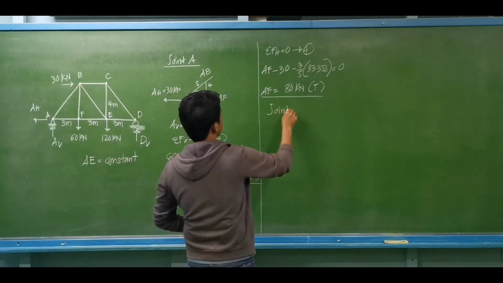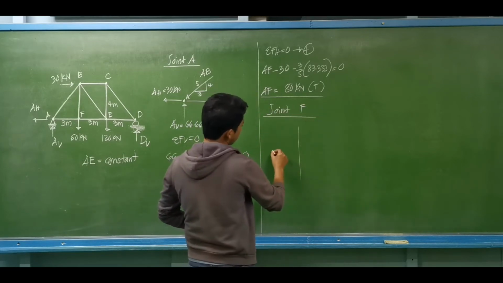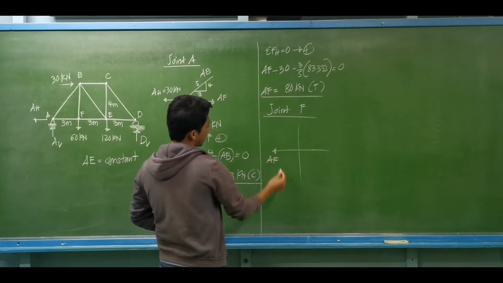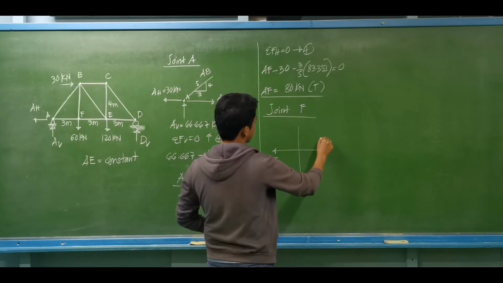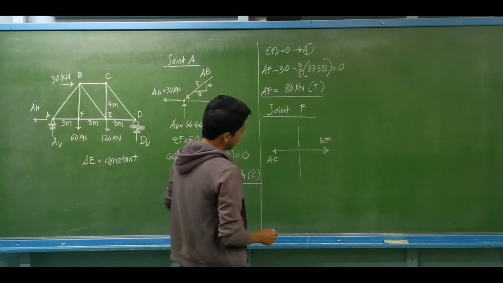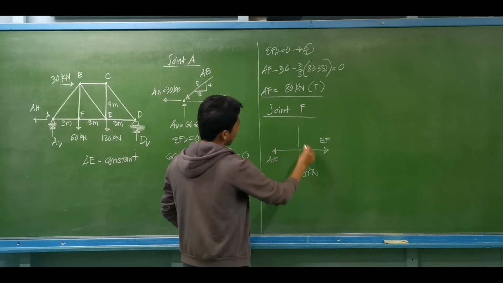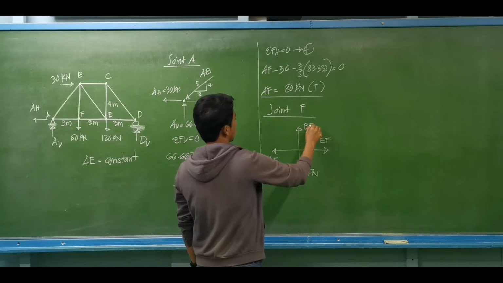For example, if we are to proceed at joint F, at joint F, forces are collinear. So let's say this is for member AF, and we have member EF. Okay, so we have the load, which is 60 kilonewtons, and I assume that the axial force for member BF will be upward.